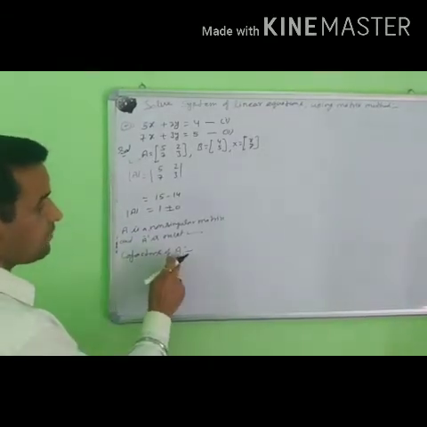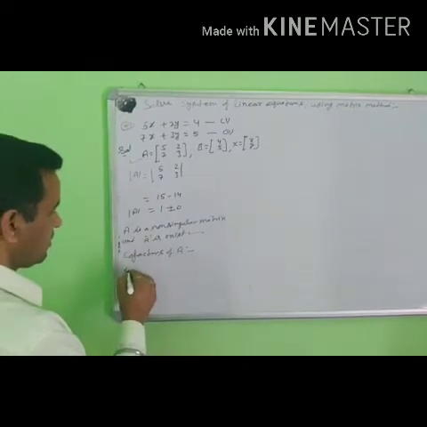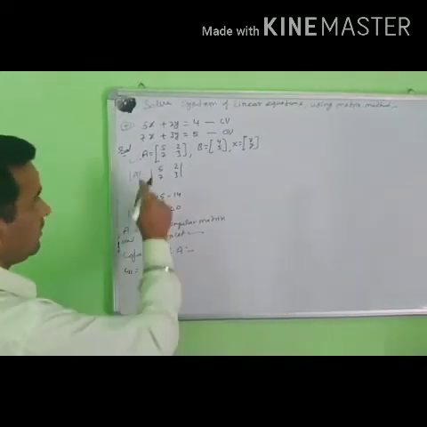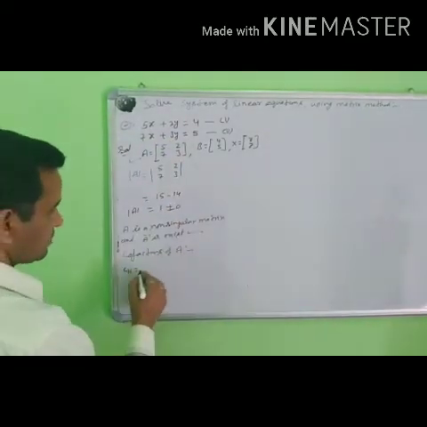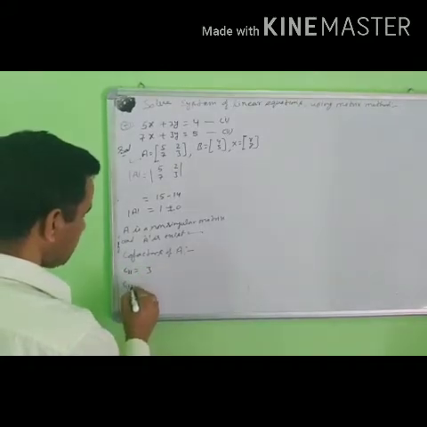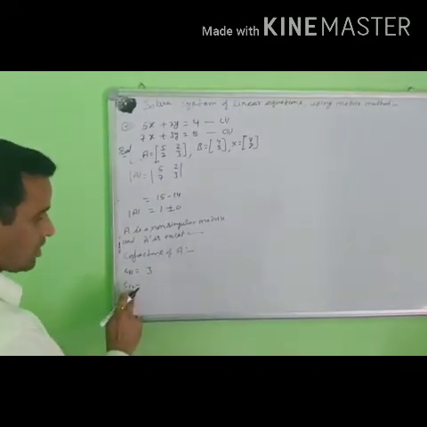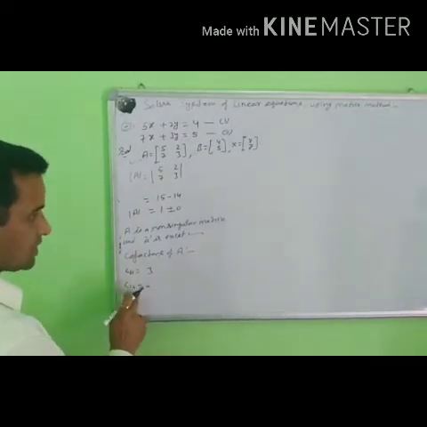Cofactor of the matrix A: C11, first row, first column, is 1 plus 1, which is 2, so the value is 3. C12, 1 plus 2 is 3, an odd number, so the answer becomes negative.